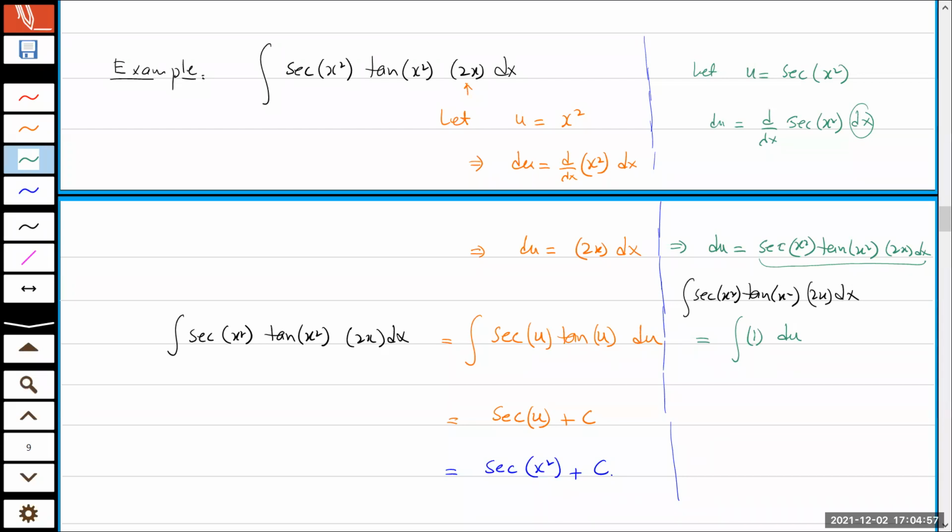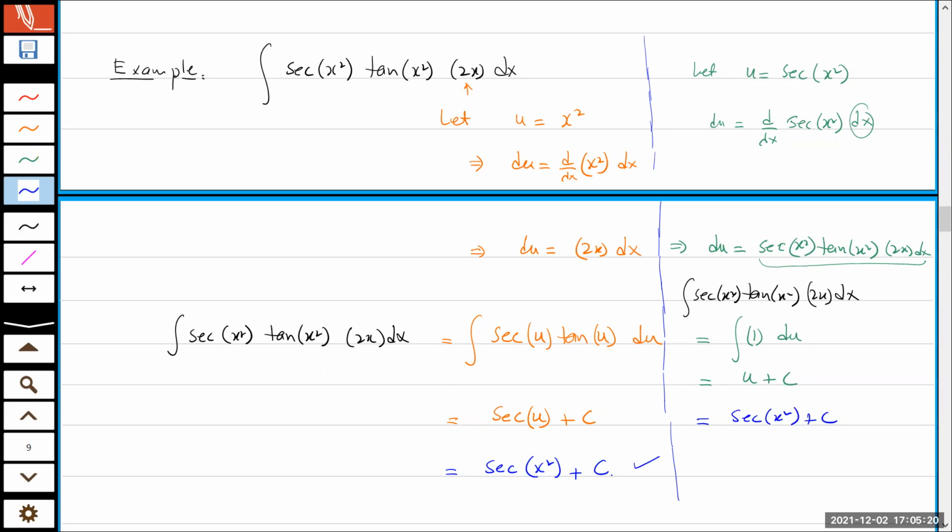The function whose derivative is 1 with respect to u is u itself. So u plus c is my antiderivative. But because my u is secant x squared, this gives me secant x squared plus c, which is exactly the expression that we had over here. Okay.